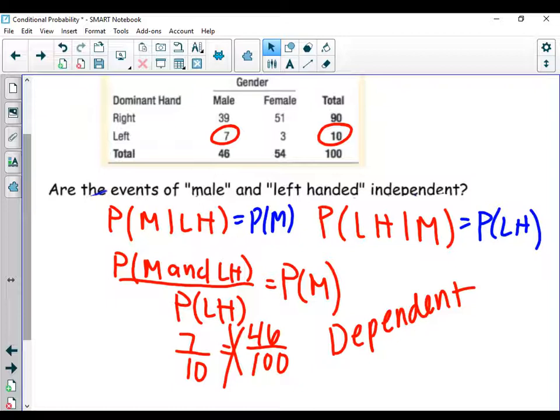Let's go back and do a little old school probability problem real quick.